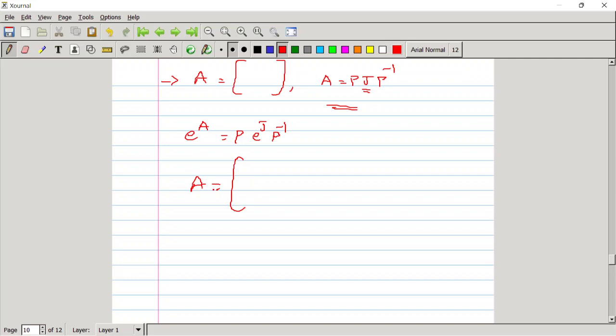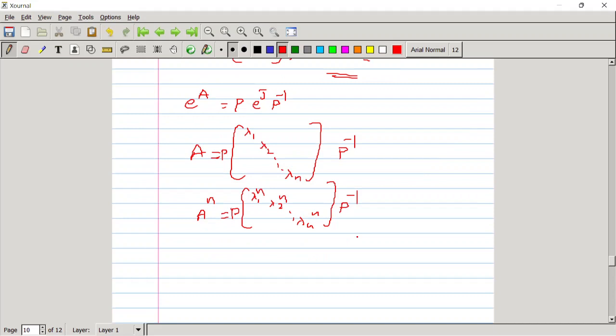If A is diagonalizable, we simply get A equal to P times the diagonal matrix with lambda 1 and so on up to lambda n, into P inverse. Then A power n is nothing but P times the diagonal matrix with lambda 1 power n, lambda 2 power n, and so on up to lambda n power n, all on the diagonal, into P inverse.